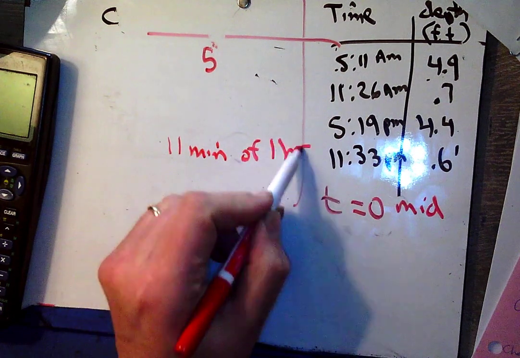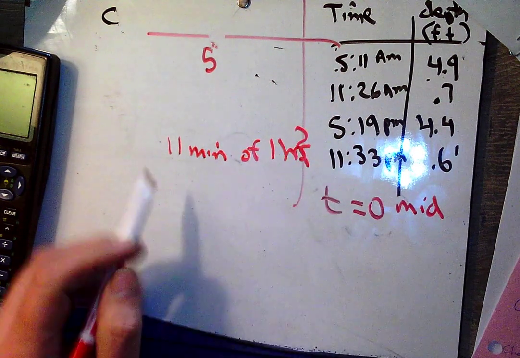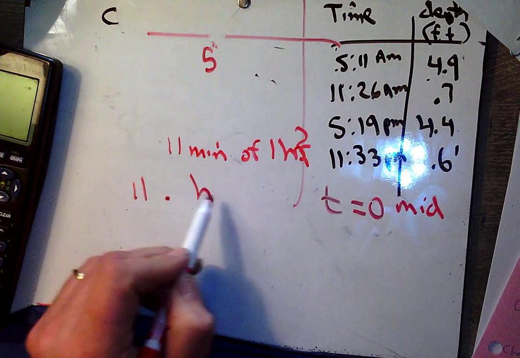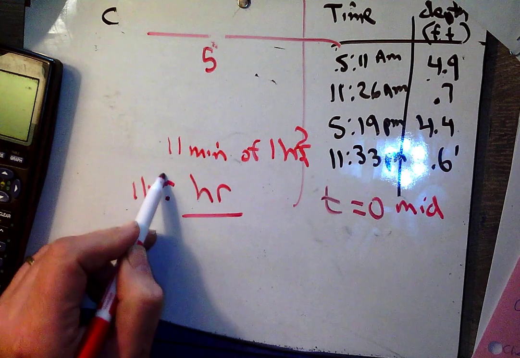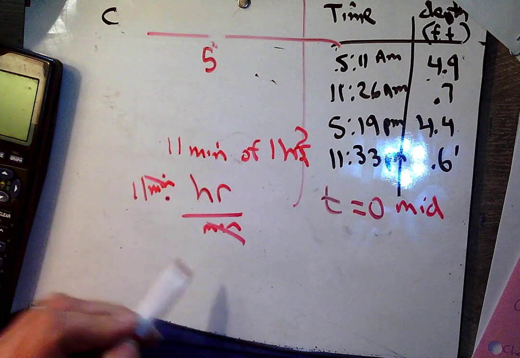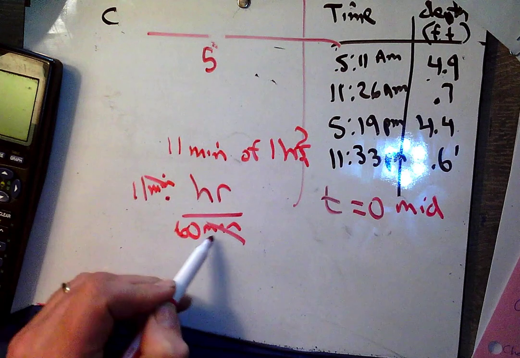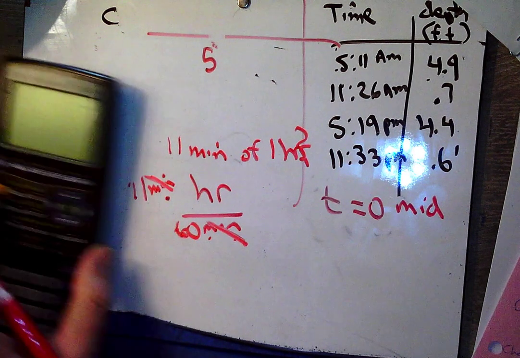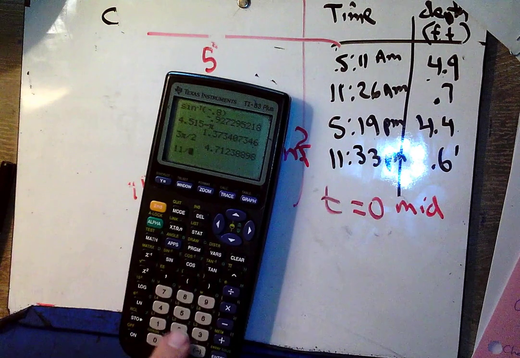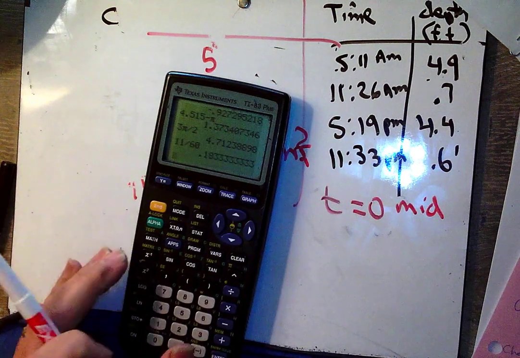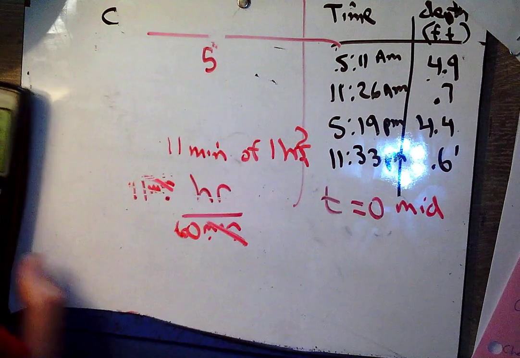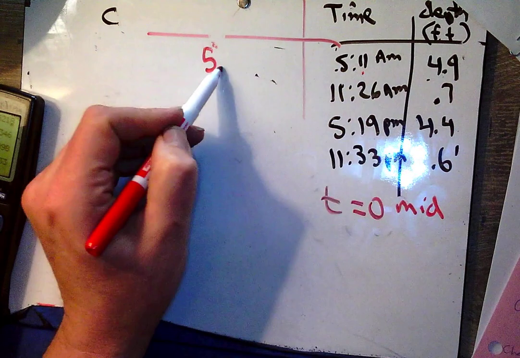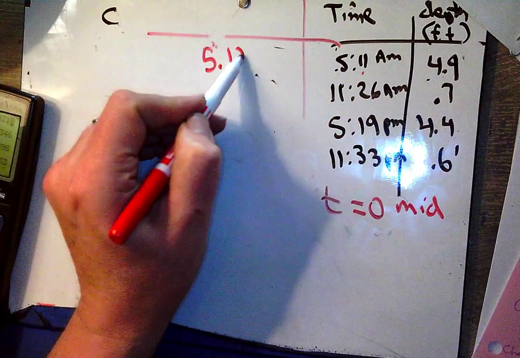Well, we want to convert to hours and get rid of minutes. There's 60 minutes in that hour, so we're going to cancel those, and we're going to have 11 over 60. When I divide 11 by 60, I get 0.183333. So I'm going to call this 5:11 a.m., 5.183333.